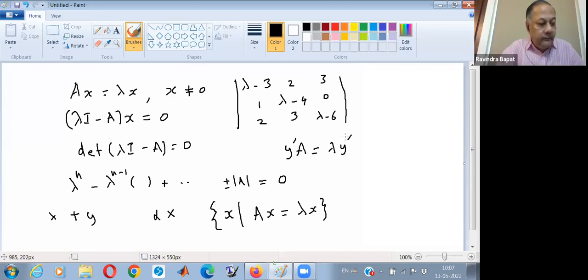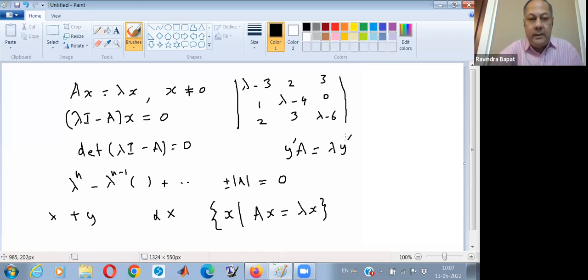Yeah, so using that, now I can claim that if lambda is an eigenvalue of A, then it is also an eigenvalue of A transpose.